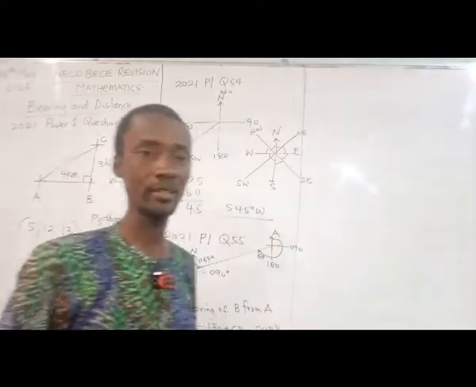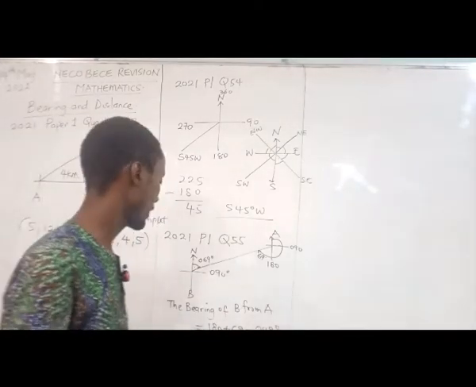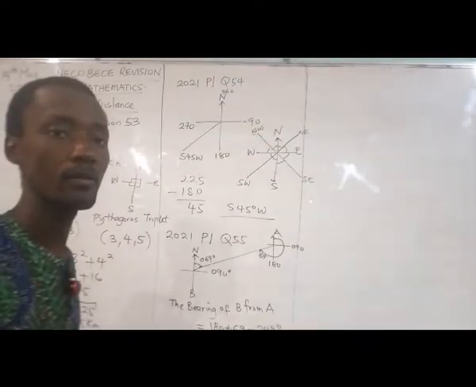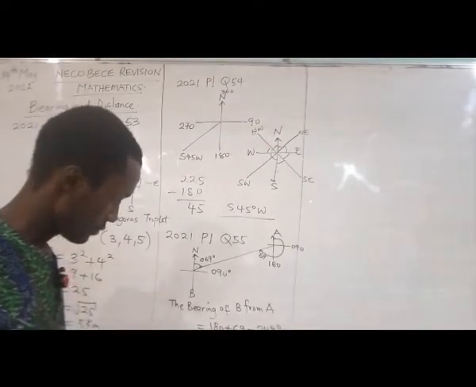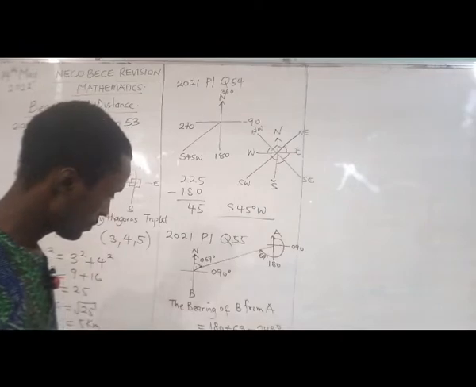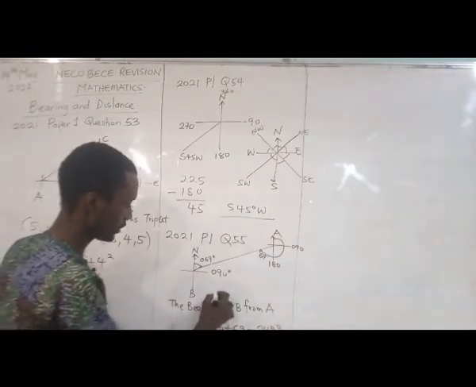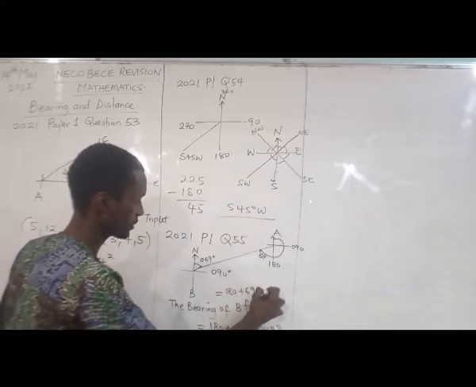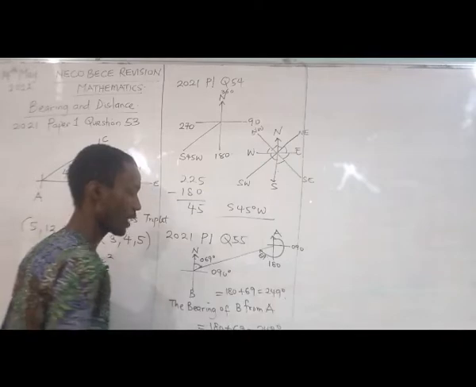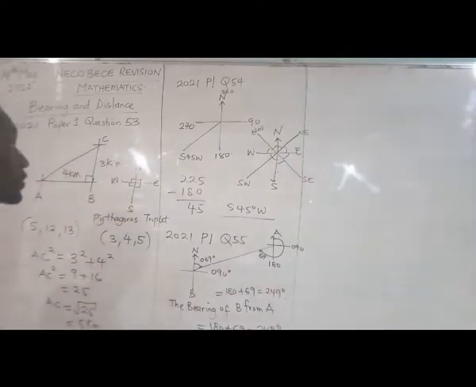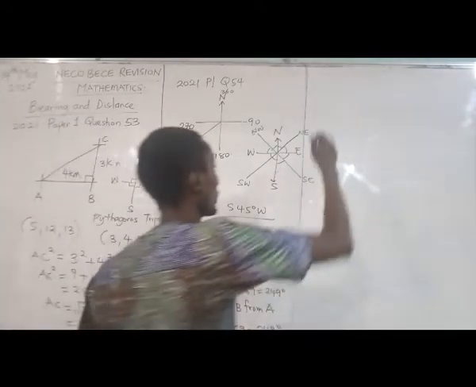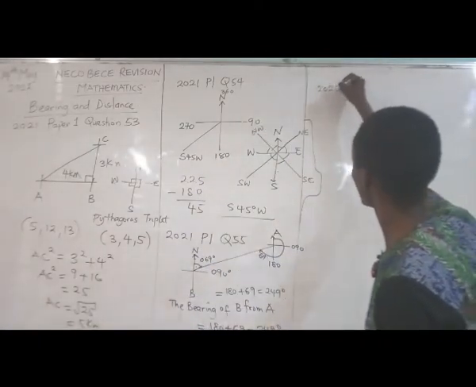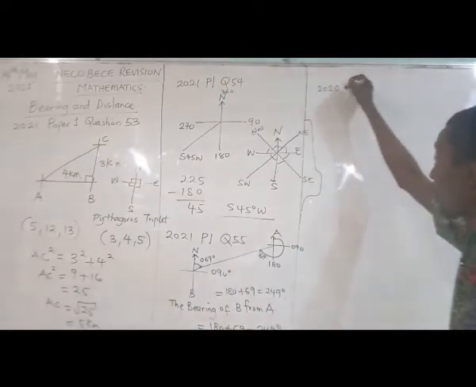We go to 2020. Okay, we need to write this answer up a little more because I just discovered my screen didn't cover that. Alright, so just for purpose of clarity. So we go to 2020, paper 1.